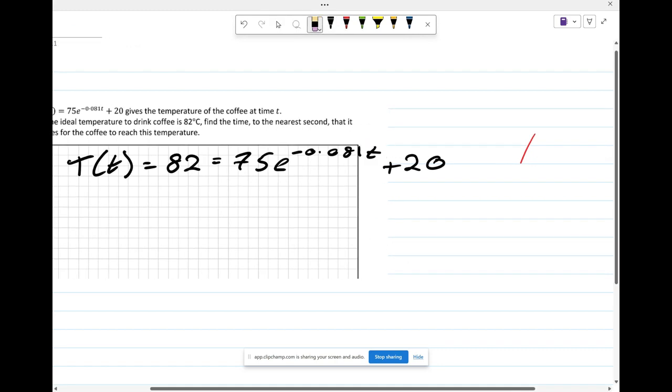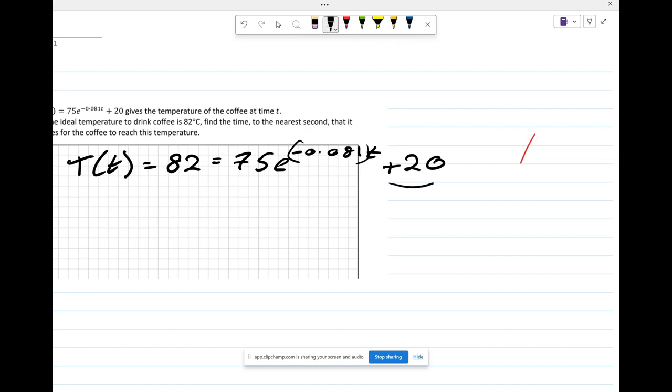So how are we going to do that? Same thing as before, just slightly more complicated. We're going to get t on its own, then get the log, and then divide. Okay, so how are we going to get t on its own? Well, first off, we're going to minus this 20, so it's going to be 62 is equal to 75 e to the minus 0.081 times t. Now we want to divide by this 75. Then we're going to get rid of the e, so we're going to take ln of both sides.